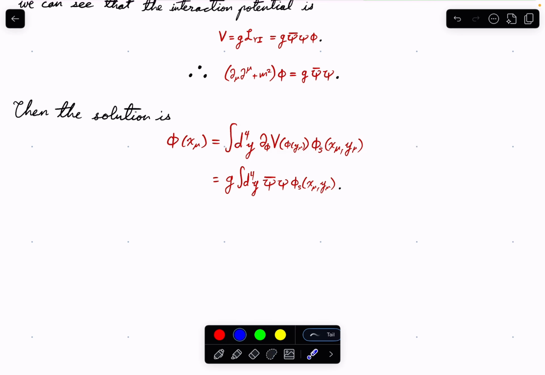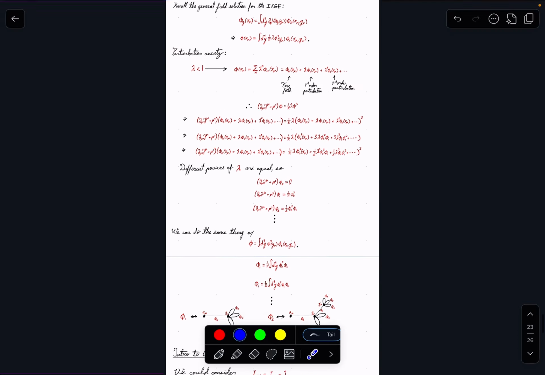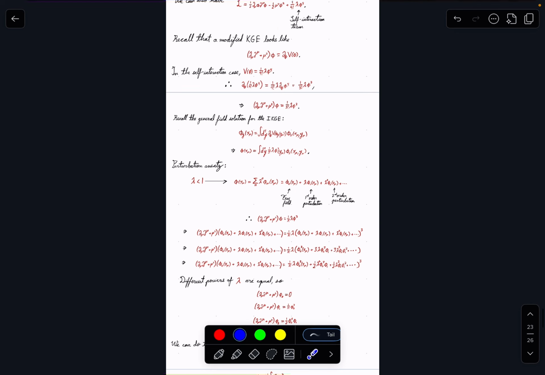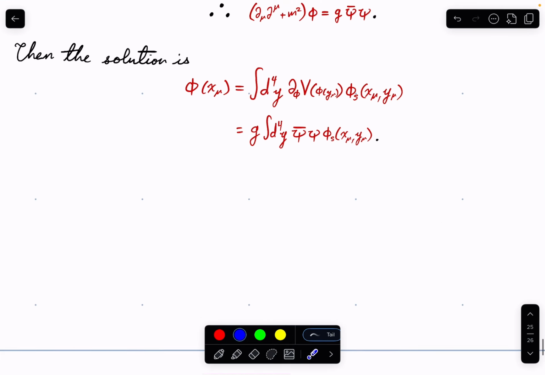So now this is pretty tough to solve in general. This is a really difficult equation to solve. So what people like to do is the same thing we did in the last video where we made a perturbation ansatz. So we're going to do another one of those things, to perturb the system.